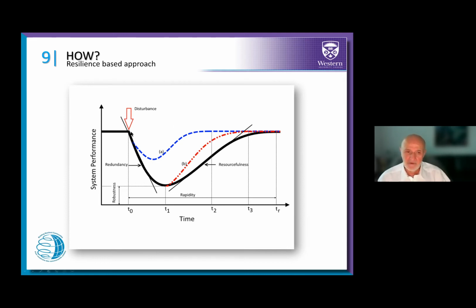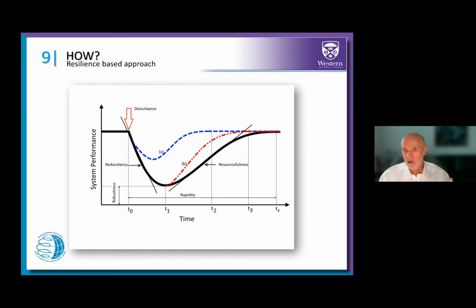We see, for example, how fast we lose performance, the slope of this part of the graph. We see how fast we recover the performance, the slope of this part. We see what the minimum level of performance is, so what is the minimum number of streets and roads that will be functional during this particular flood event.